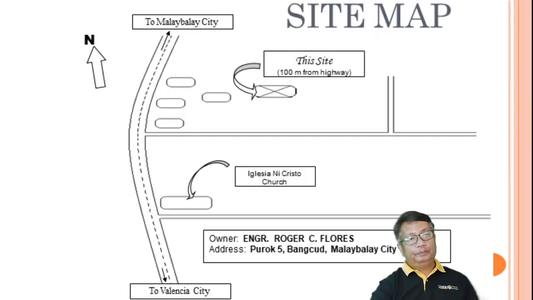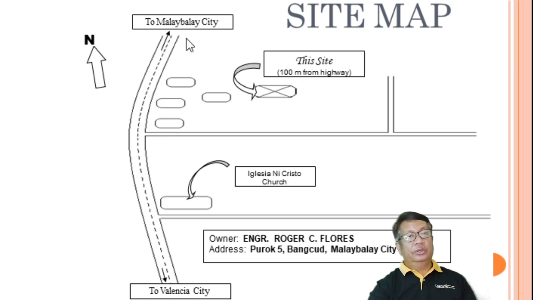Okay, so the next thing which is very important in the electrical design or plan is the site map. It is just as simple as this. Your site map will include the north pointing symbol here, so that you will be able to orient the position of your design. This means that this is pointing north. So do not forget this one.